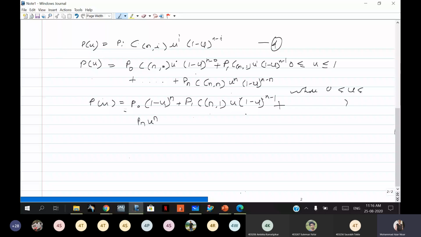I will write this as equation number 5. In exam problems, they ask over this Bezier curve as well as this derivation.